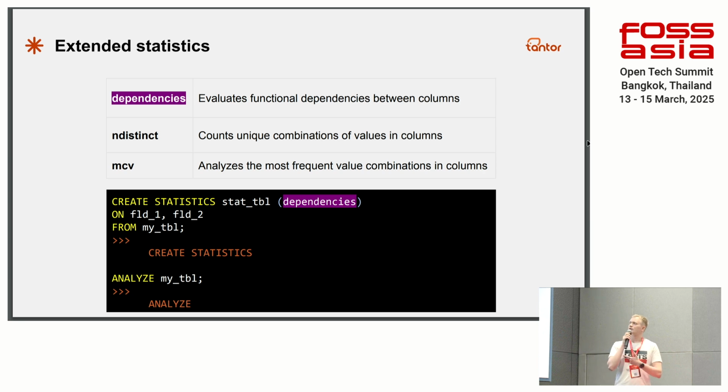In our example, we have two columns where one we can get by multiplying the other. So two columns are related, and if the planner knows about this situation, it can predict a better estimation. So in our example, we add extended statistics with dependencies.